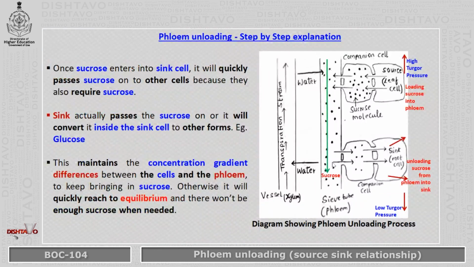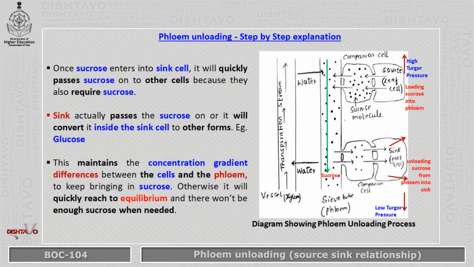Once sucrose enters the sink cell, it quickly passes the sucrose on to other cells, because the other cells also require sucrose. The sink passes the sucrose on to other cells, or converts it inside the sink cell to other forms, for example glucose.